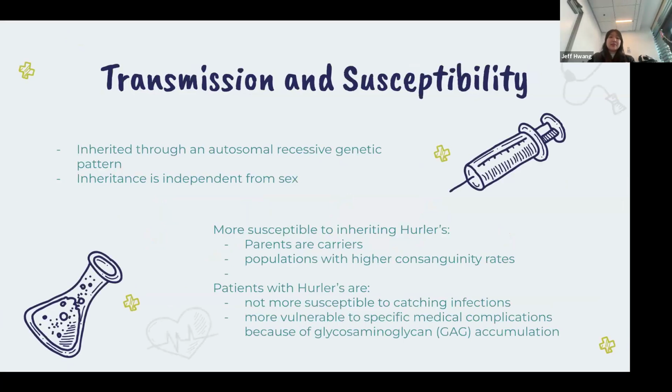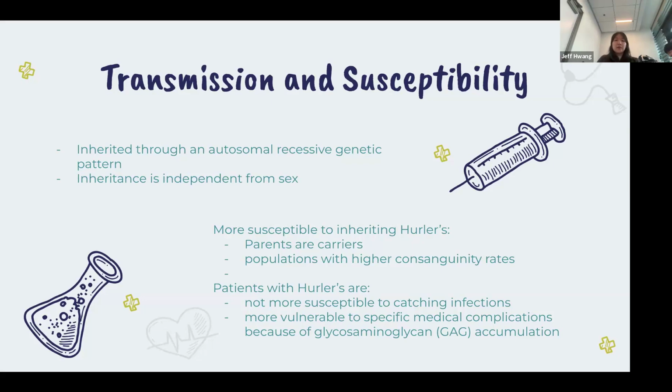So in this slide, I'll be talking about transmission and susceptibility. Hurler syndrome is inherited through an autosomal recessive genetic pattern. This means that the infant must inherit the mutation from both parents, and the inheritance is independent of sex. Patients are more susceptible to inheriting Hurler's when both parents are carriers and in populations where the parents are closely related.